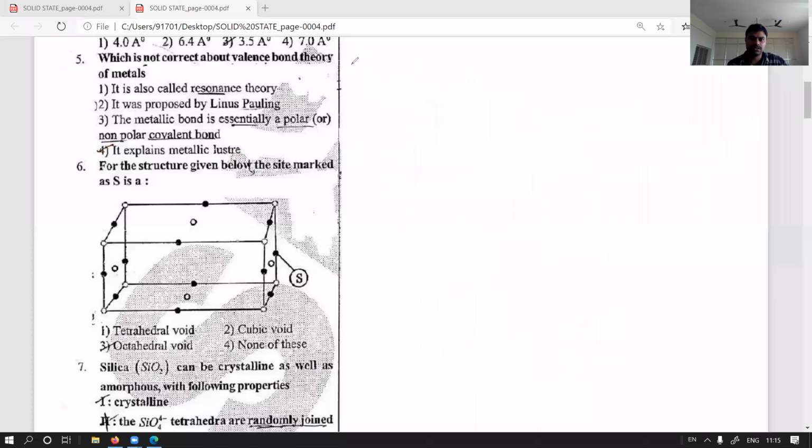Let's see the next, sixth question. They gave one structure. These atoms are present at corners and face centers. These are the voids. This S is a void. They asked what type of void it is, octahedral void or tetrahedral void. It is an octahedral void.